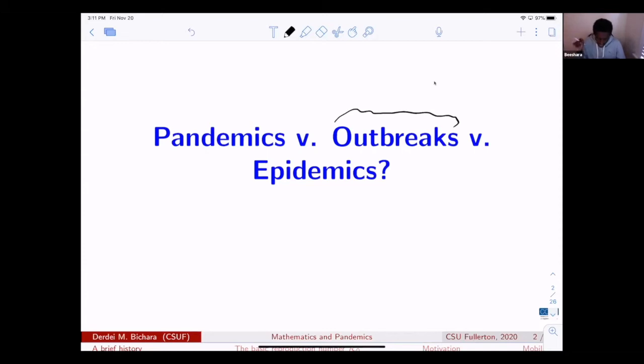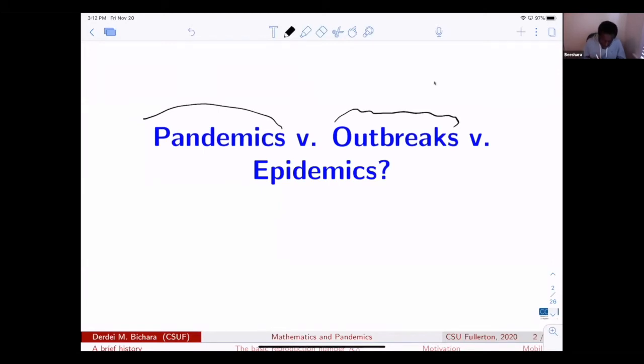A pandemic is a more global outbreak. If this outbreak spreads through many communities or many countries, it will become a pandemic.